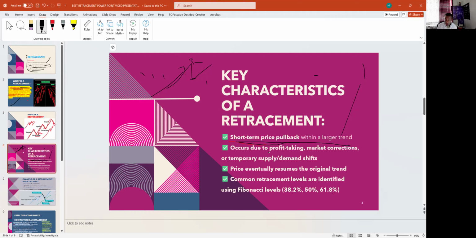It's okay. It occurs due to profit taking. Most of the time, it happens when people take profit. Whenever the stock is going high, people always sell at the top to take profit. That causes the stock to go back down. We call it a pullback or retracement.